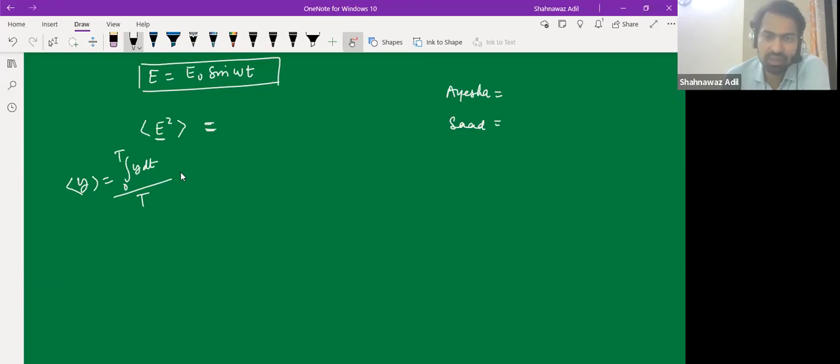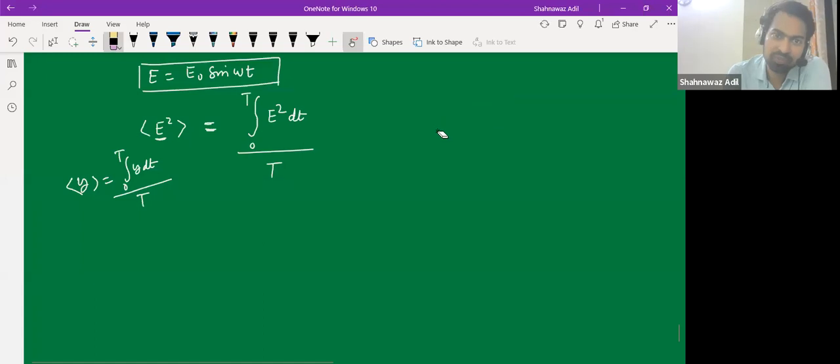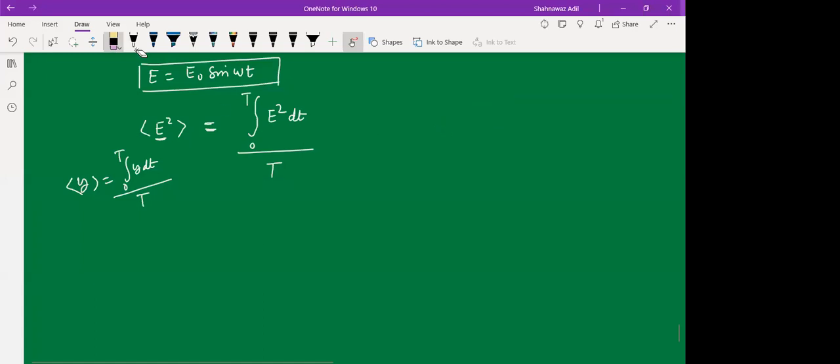Okay, so you see the function is E square. So this would be the integral from 0 to T of E square dt, divided by T. Understood?